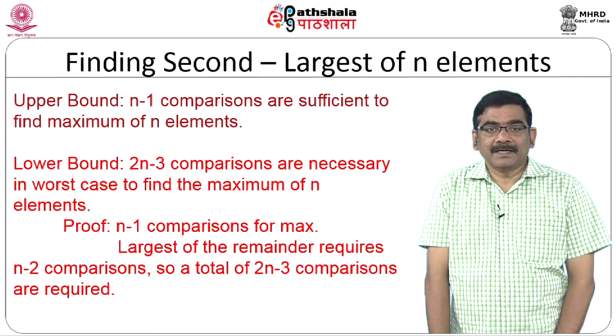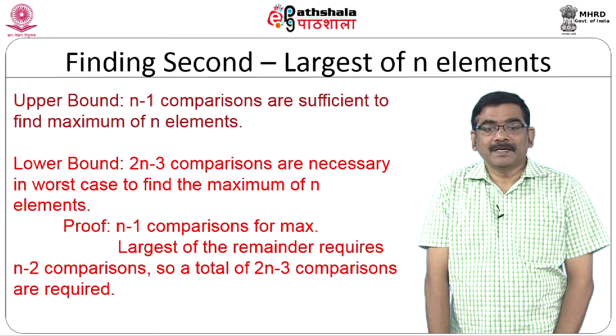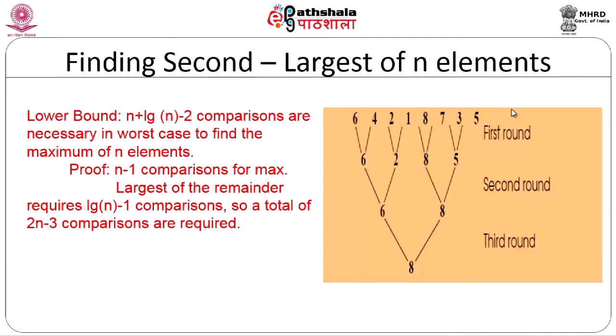Put together, n minus 1 plus n minus 2 is going to be 2n minus 3 comparisons. These are the comparisons required for finding the second largest element.